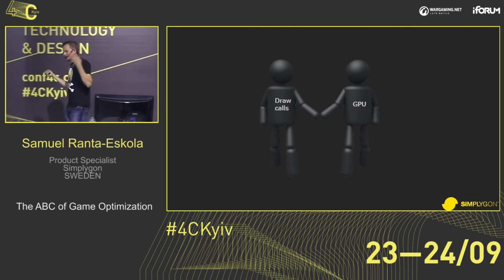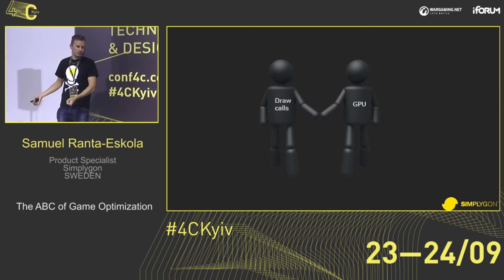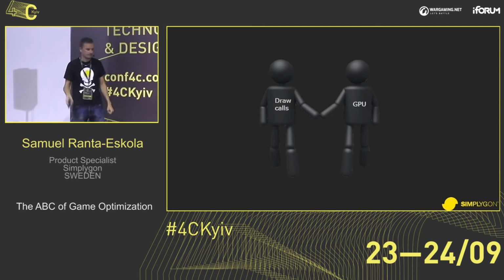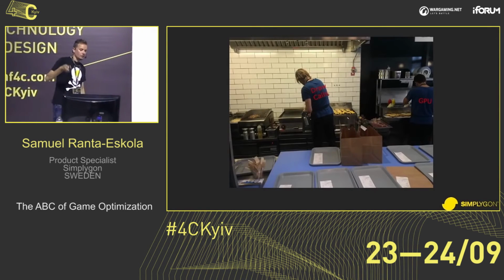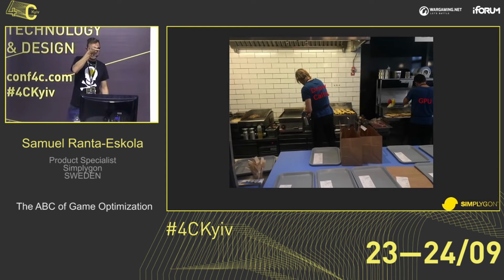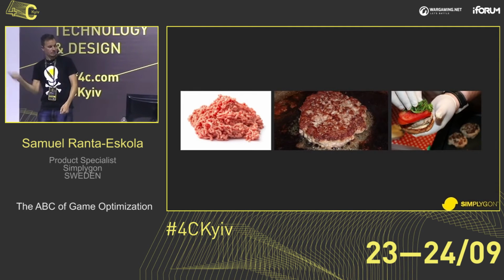the process right now, since it's basically been that the draw calls and the GPU side of things walk hand in hand. And it's basically like this hamburger place. So we've got the guy there to the left. He's flipping burgers, and he's passing those burgers over to the guy to the right. Basically, he's sending draw calls, like flip, flip, flip over.